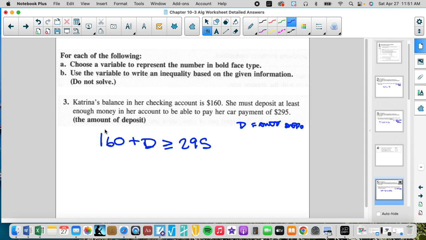This is her account total, her balance plus her deposit, and that must be at least 295. So it can be more, but can't be less, because if it's less, then she can't make the payment. So that's going to be that problem.